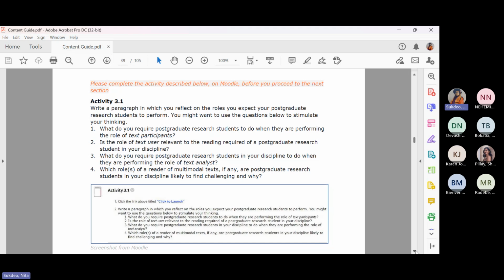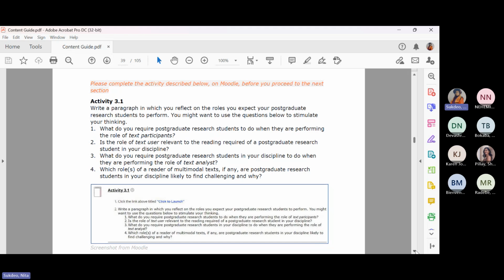Because obviously you have to read a text before you can write in your voice, supported by evidence or references. What do you require postgraduate research students in your discipline to do when they are performing the role of a text analyst, analyzing the text that they have read? Which role or roles of a reader of multimodal texts, if any, are postgraduate research students in your discipline likely to find challenging, and why?